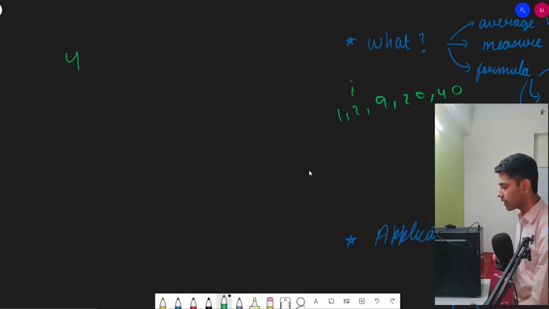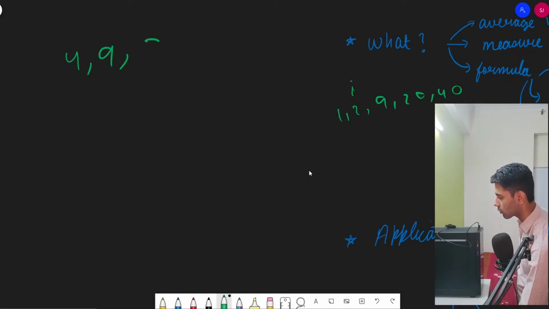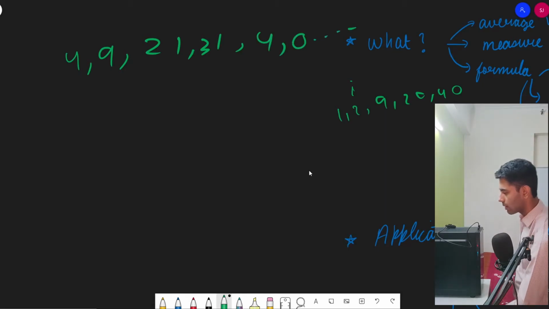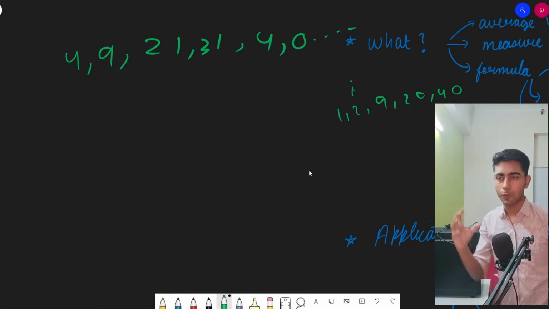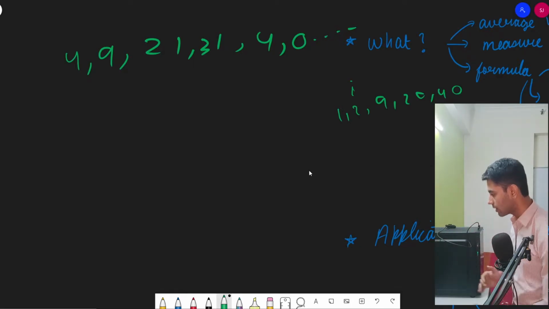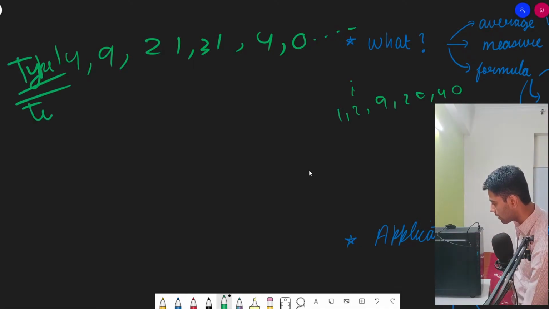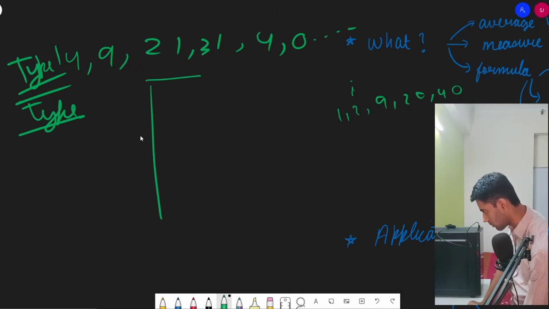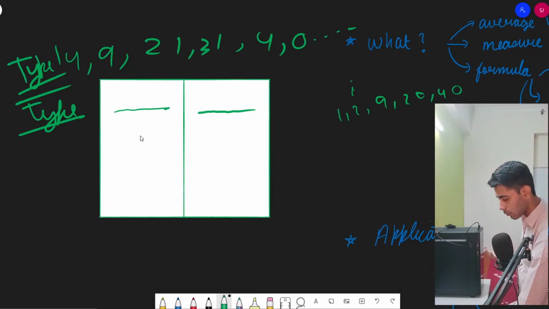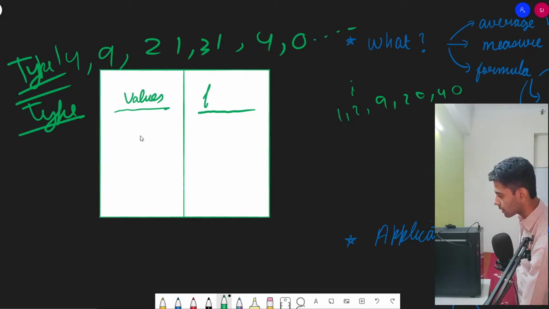Whenever you see data written like this, 4, 9, 21, 31, 4, 2, 0, in an ungrouped form, in a messy form, in a sequence, this represents my type 1. Whenever you see a group table, a group distribution, for example, a table where this contains my values and this contains my frequency.